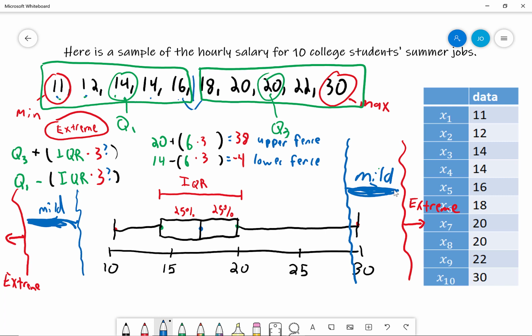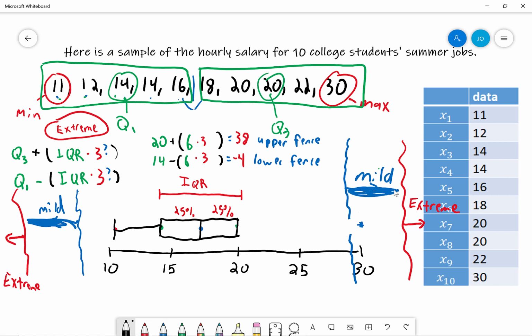But what we have in a box plot now is, when you have an observation that is an outlier, you alter your box plot for that. So what we'll do, and what you'll see on software, is a box plot will denote outliers. That value of 30 fell beyond our fence and into the mild outlier category. Maybe I should make that a blue outlier just to keep it consistent.